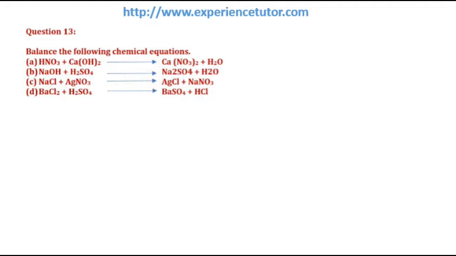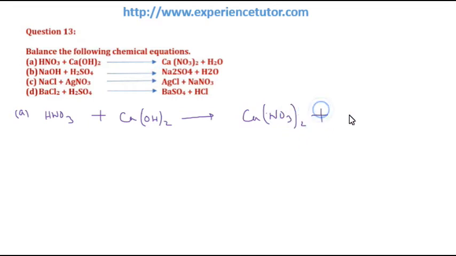And the next question, we need to balance this equation. For balancing this equation, we can write the first one as HNO3 plus Ca(OH)2 gives Ca(NO3)2 plus H2O.